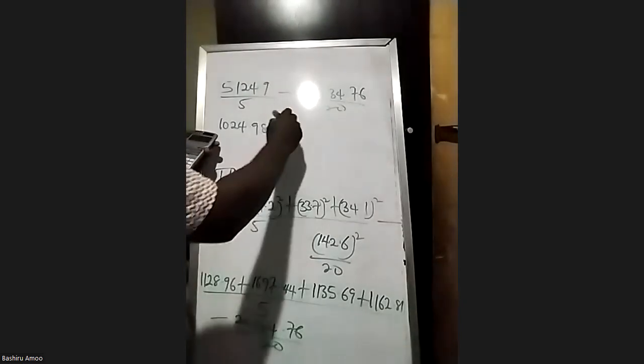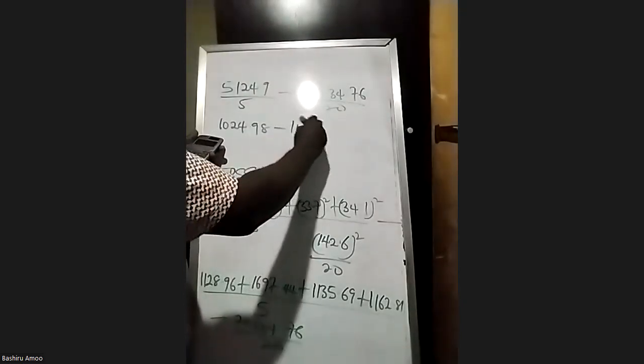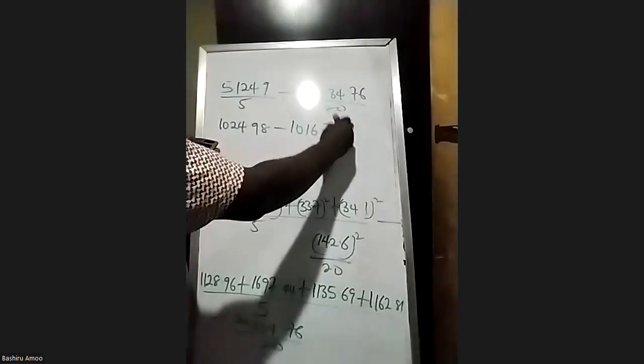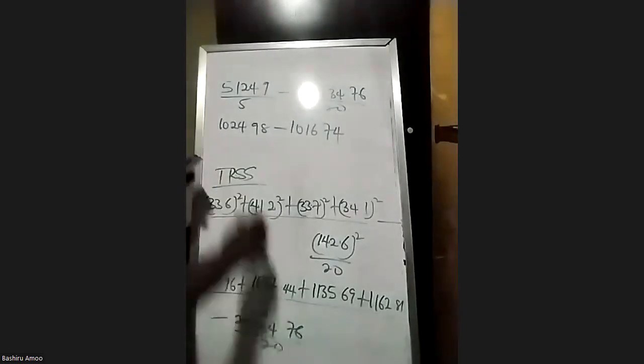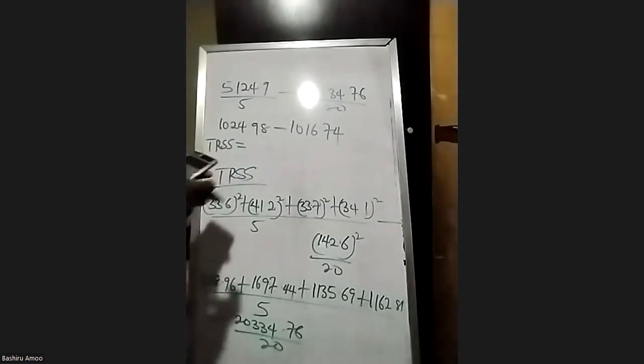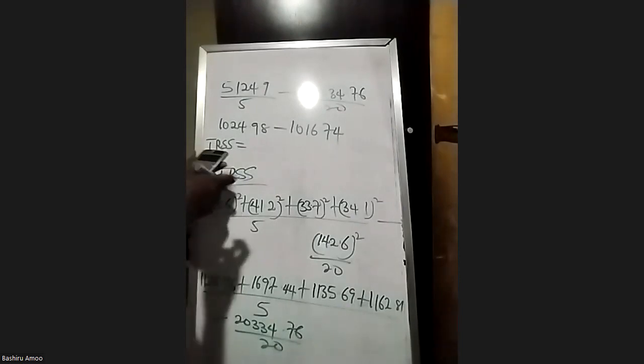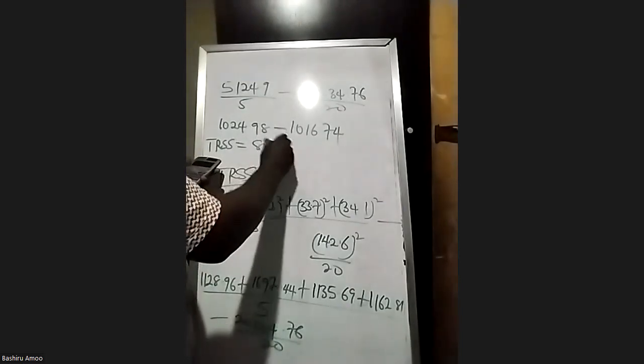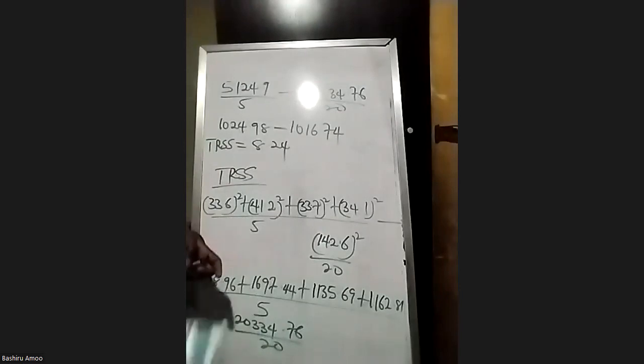Here I have 1016.74. So the treatment sum of square, class, will now be 1024.98 minus 1016.74. Class, I have 8.24. My treatment sum of square is equal to 8.24, class.